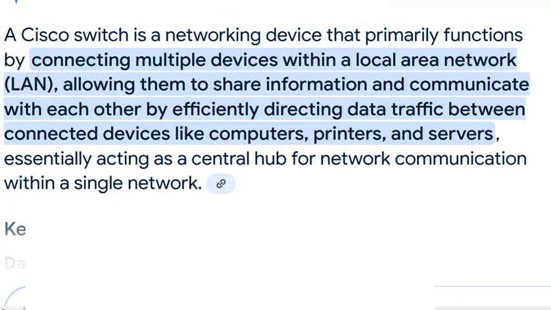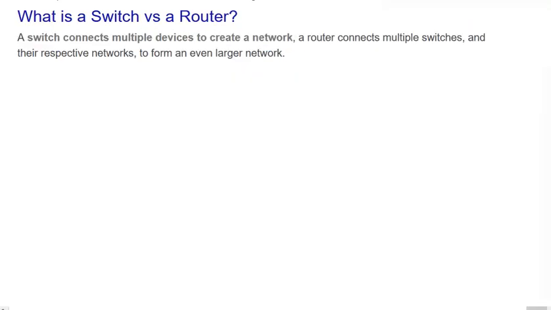So here, let's understand the basic difference between a switch and a router. A switch connects multiple devices to create a network, whereas a router connects multiple switches and their respective networks to form an even larger network. So do you get the picture now?